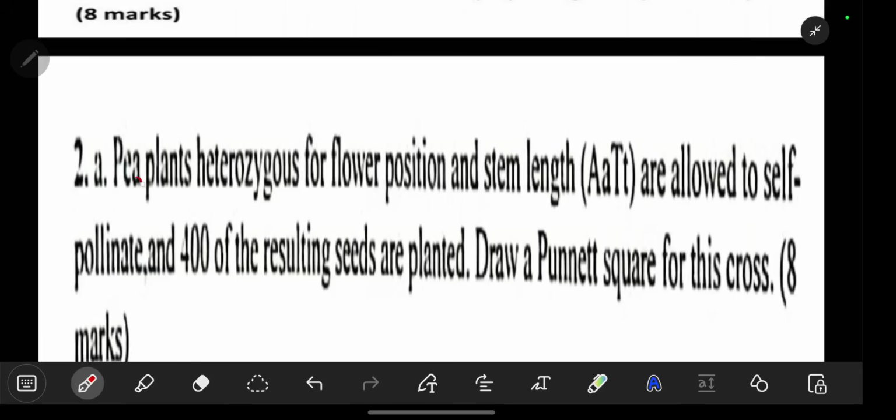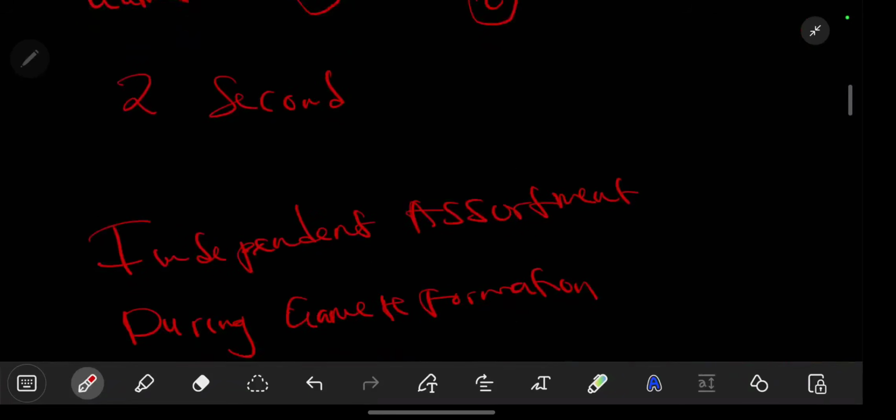So if you look at this, a pea plant heterozygous for flower position and stem are allowed to self-pollinate, and 400 of the resulting seeds are planted. So this is the same question. It is still going to give the same answer, though they just changed the letters.